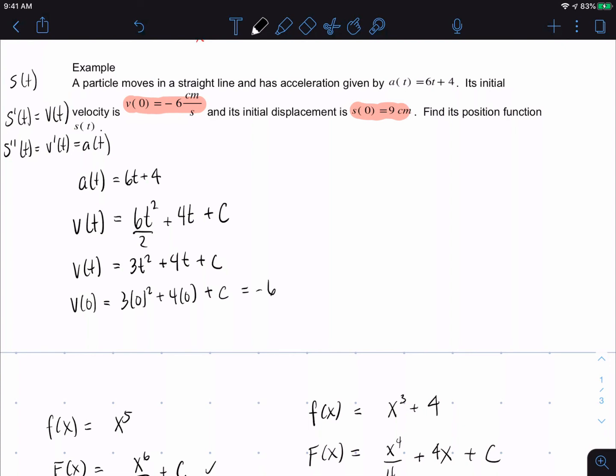So my c is negative 6. Without any doubt, I know that the velocity function is 3t squared plus 4t minus 6. Do you guys follow how I did that?